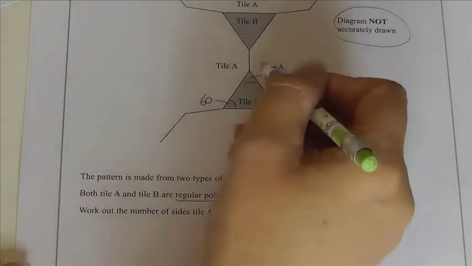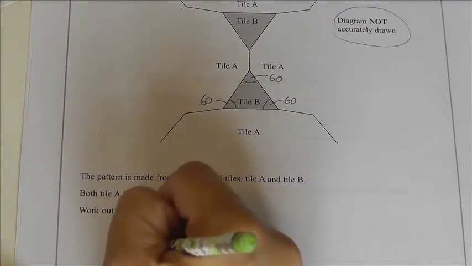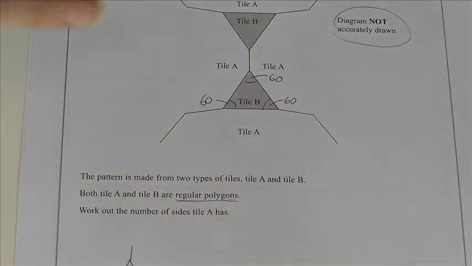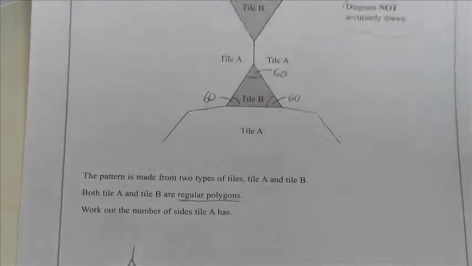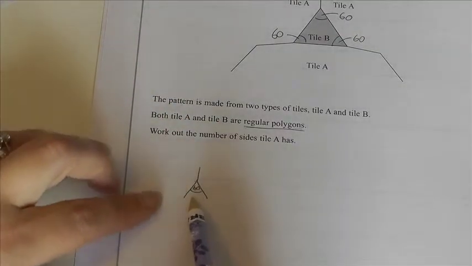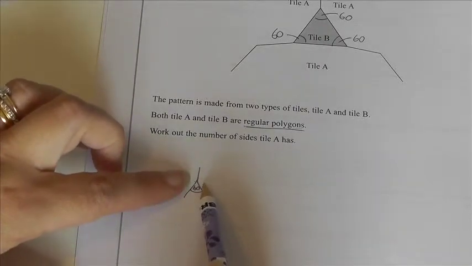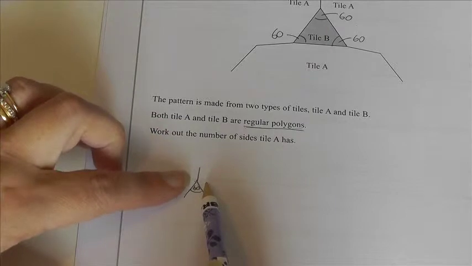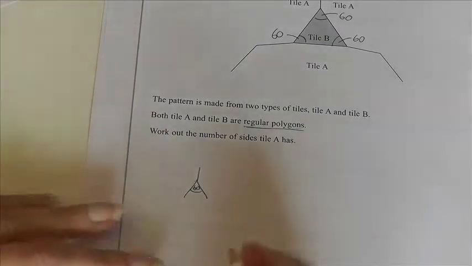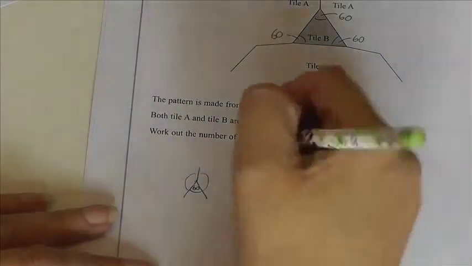Now, if I look at this angle up here and just recreate it down here, because we know they're both regular polygons, so we know that all the sides and angles are the same. If this angle here is 60 and these 2 angles must be the same, I can find out what they measure by subtracting the 60 from 360 and dividing it by 2, because this will make a full set of angles around a point.